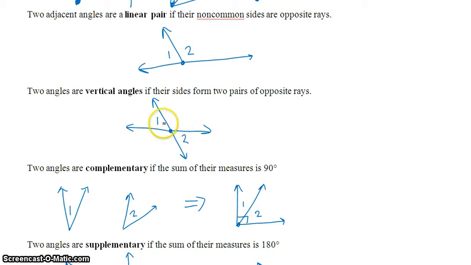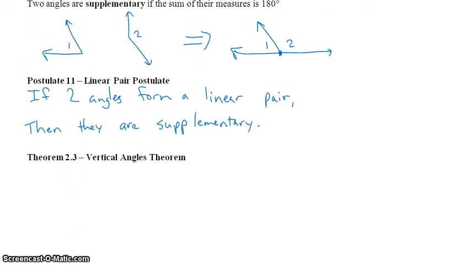So if angle 1 is supplementary to this angle, and angle 2 is supplementary to this angle, angle 1 and angle 2 have to be the same measure. In order for both of these angles to be supplementary to the same angle, 1 and 2 have to be congruent. Since we had to do a little more justification, we can't just write it as a postulate, we have to write it as a theorem.